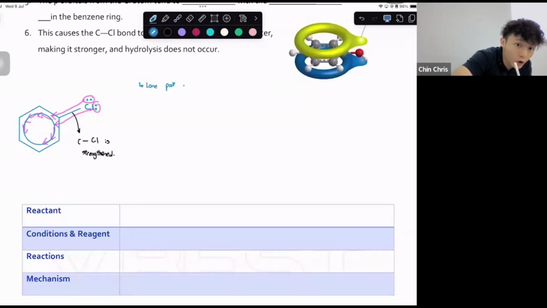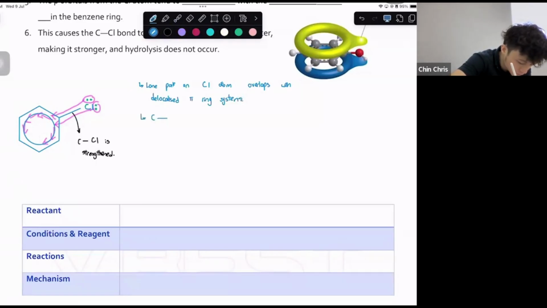Your lone pair on your Cl atom, what's going to happen? It delocalizes or overlaps with the delocalized pi system. When this happens, what happens to your C-Cl bond? It's strengthened.